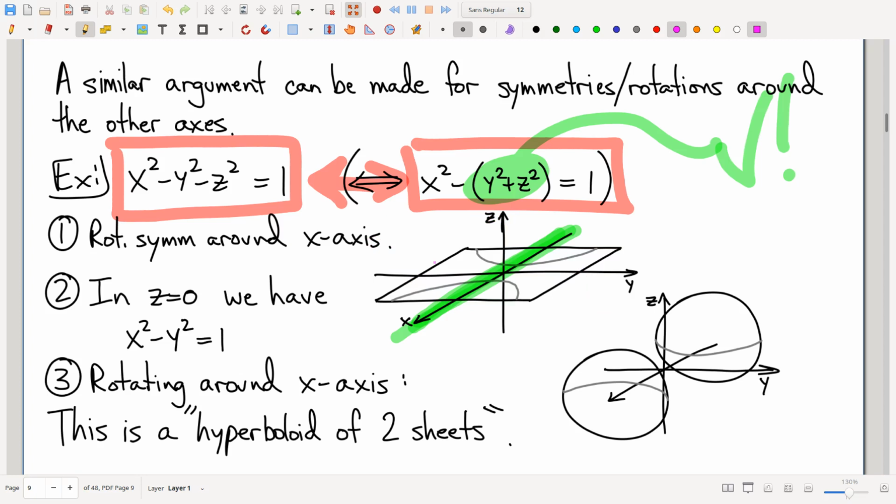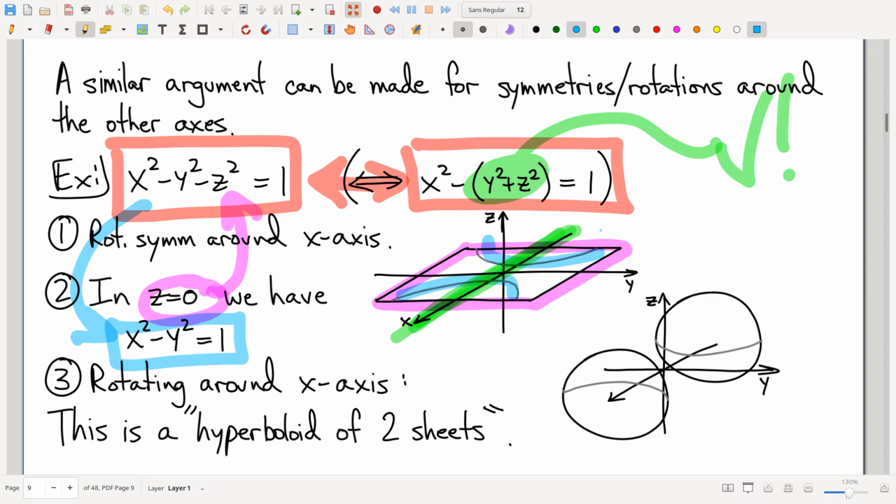Anyway, easy choice here: the XY plane, where z is equal to 0, which when you plug into there gives you this algebra. Again, very familiar, high school algebra 2 or whatever they call it, and it is this hyperbola.